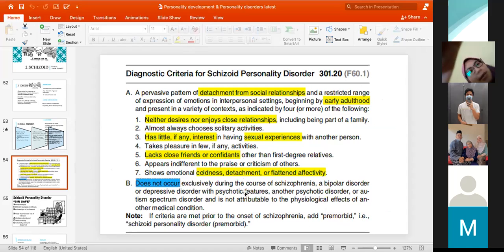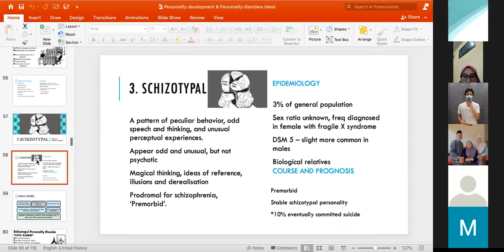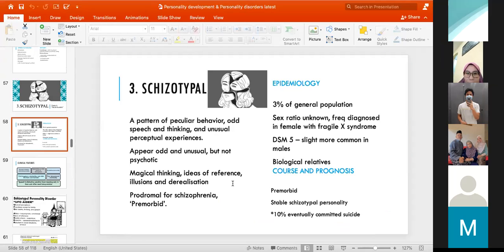Schizoid or schizotypal? The magical thinking. Schizotypal. Yeah. Magical thinking, ideas of reference, illusions, and generalization. Magical thinking, what do you understand from it?